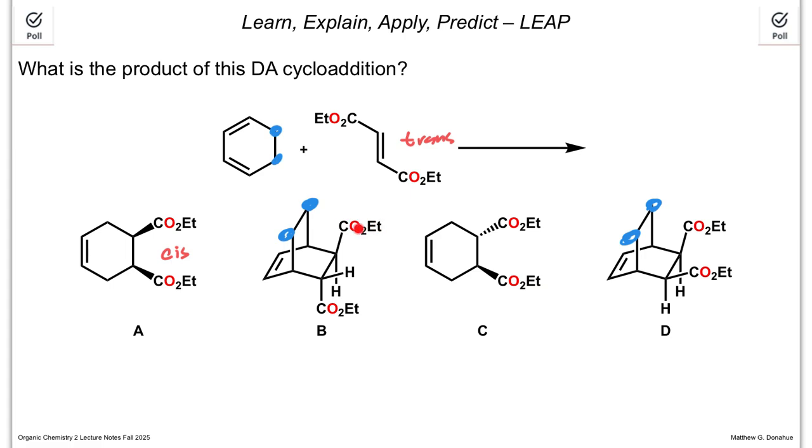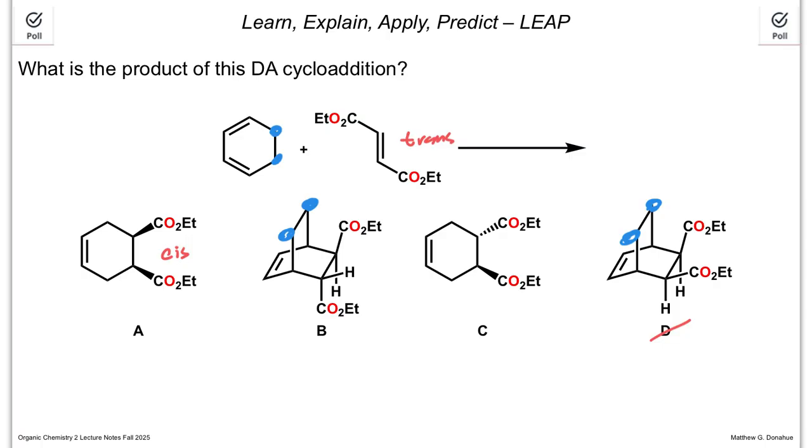We have 1 ethyl group up, 1 down. So that's anti or trans, where that's conserved. So D is not correct because even though those 2 carbons are there, this relationship is cis or syn. So that's what I mean by there being a lot of subtleties in diagnosing towards the right answer.